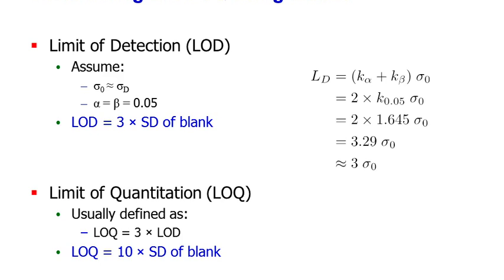So that's the formula most people use. It's actually 3.29, but people just approximate it to 3.